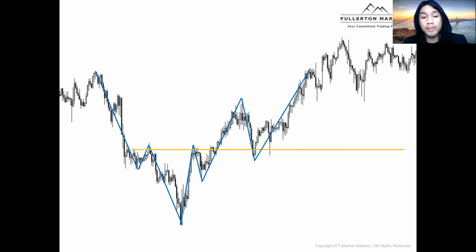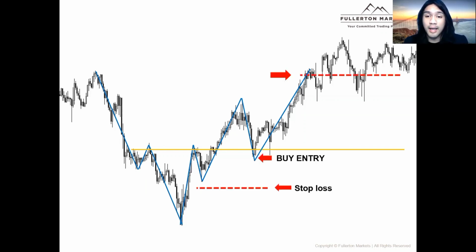But your stop loss has to be kept, my friends. Your stop loss should not budge at all. You can move your take profit a bit just to ensure that we close out earlier, but your stop loss has to be on point. The buy entry, the stop loss, and the target all hit.